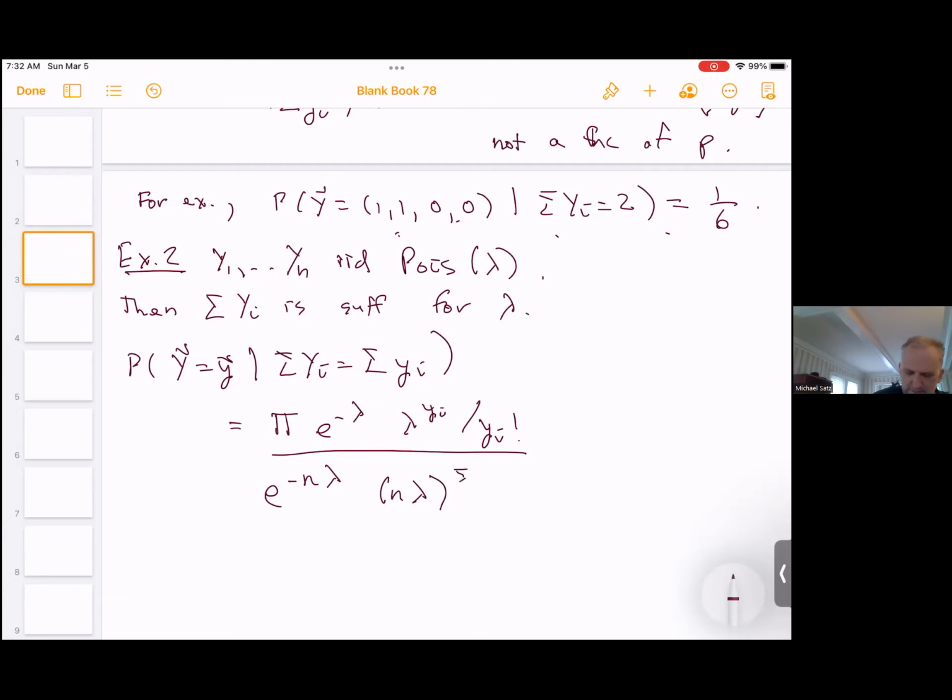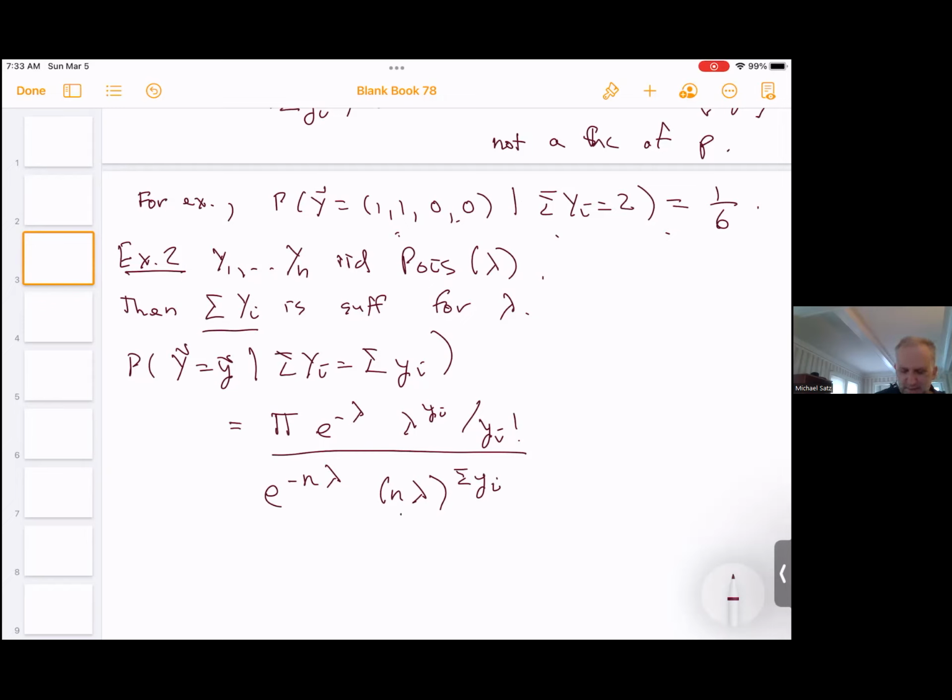And here I must have the sum, right, because I'm adding the yi's here, and I'm saying that is again Poisson with rate n lambda.